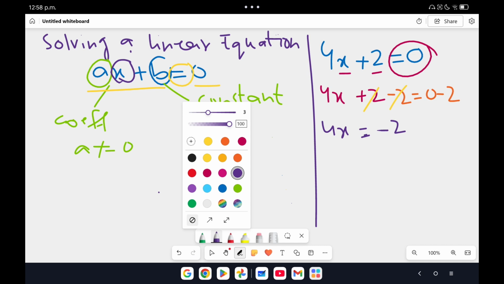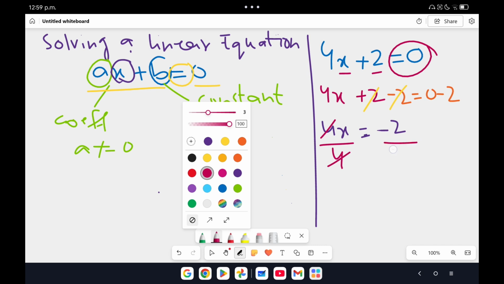Again, the value of x is still unknown, so we need to find the value of x. For value of x, I need to cancel this 4 because 4 is the coefficient of x, and in order to find the value of x, the coefficient should be 1. So in order to make this coefficient equal to 1, I'll divide this 4x by 4 so that this 4 and this 4 get cancelled out.